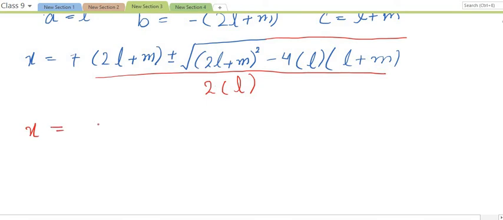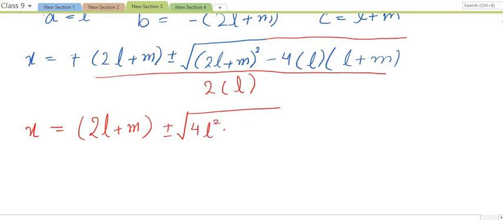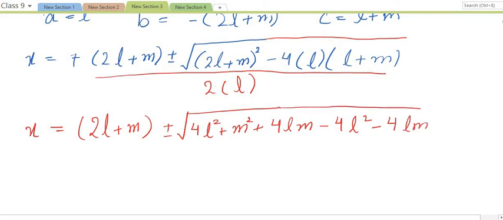x equals 2l plus m plus minus, open the square, this becomes 4l square plus m square plus 4lm minus 4l square minus 4lm, and the denominator is 2l.